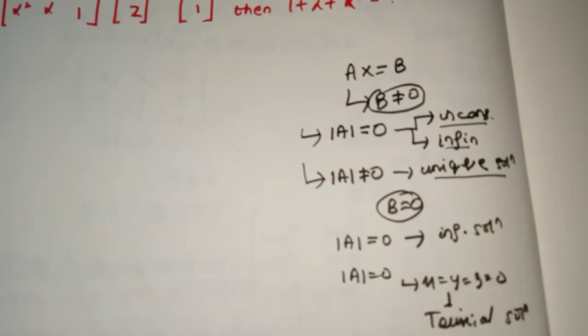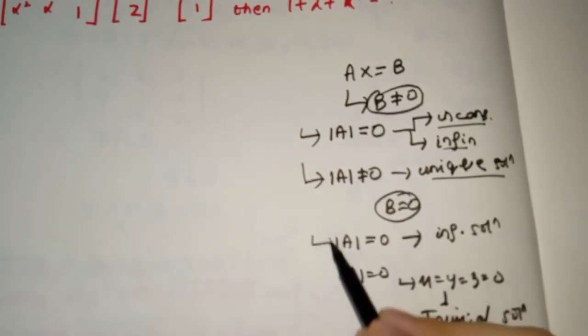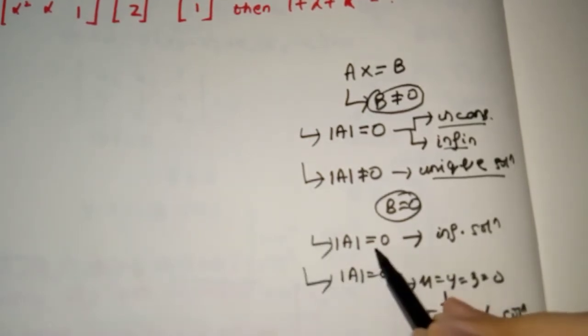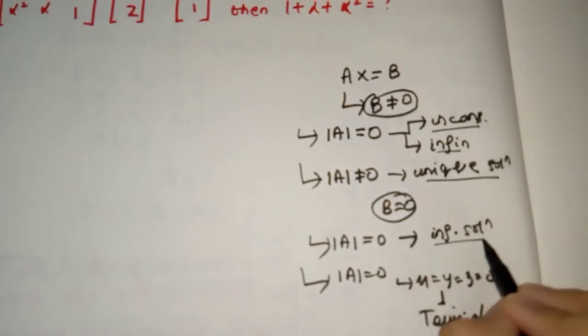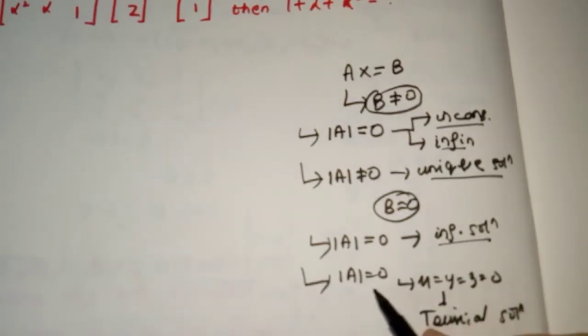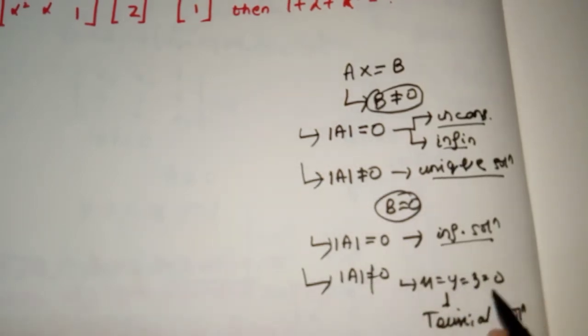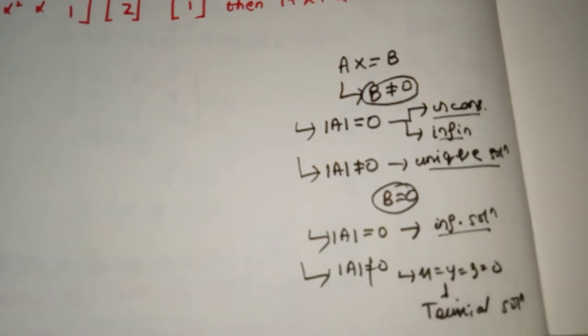And if b is equal to 0, again we make two cases. If mod A is equal to 0, the system has infinite solutions. And if mod A is not equal to 0, the system has only one solution, that is x equal to y equal to z equal to 0. Okay, so now let's move on to our question.